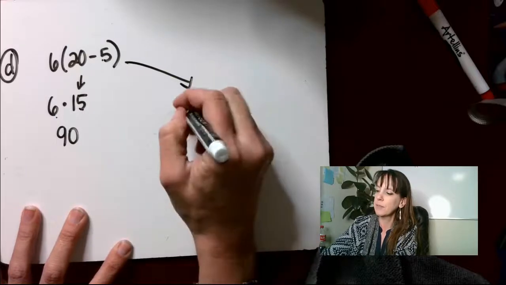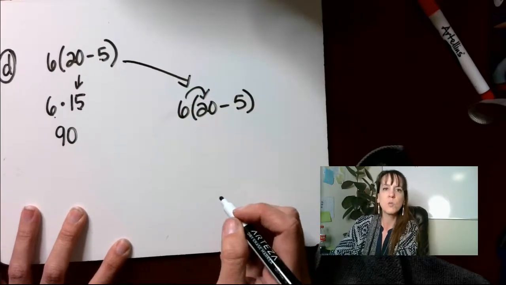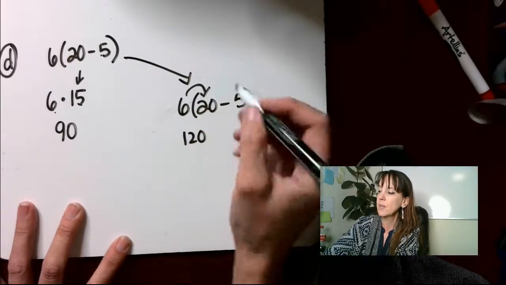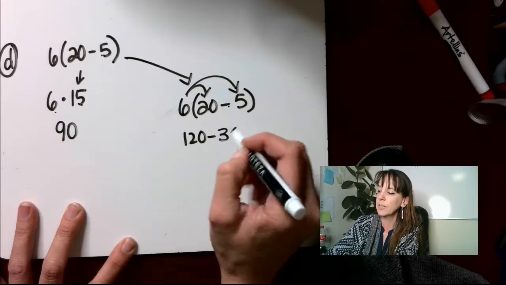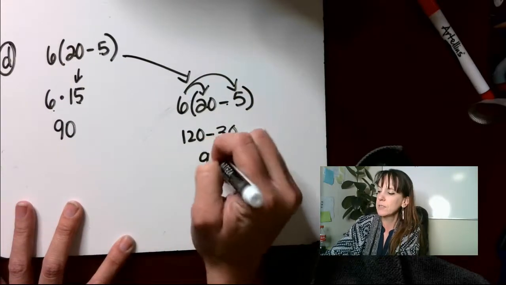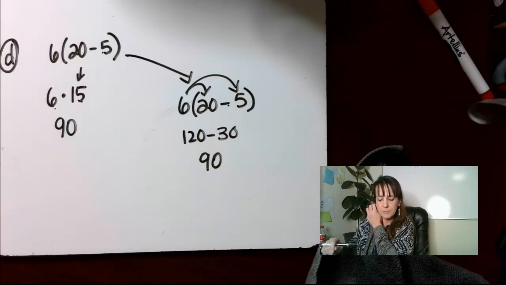If it helps, I'll write that right here. So 6 times 20 gives us 120. 6 times 5 gives us, and I'm going to use this same sign, minus 30, okay, equals 90. Both of those we got 90, so we know we did it right. We just showed 2 different ways.